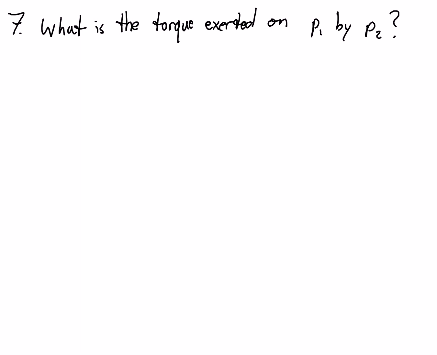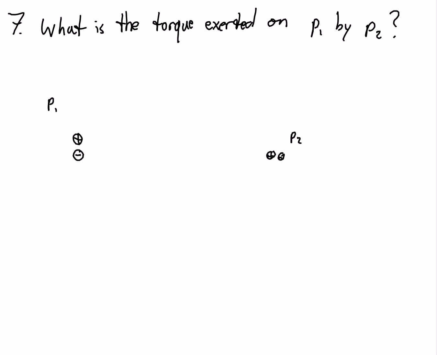Okay, for your last homework problem, problem number 7. Suppose we have two electric dipoles. Let's call one of them P1 and one of them P2. Note that they're oriented differently.